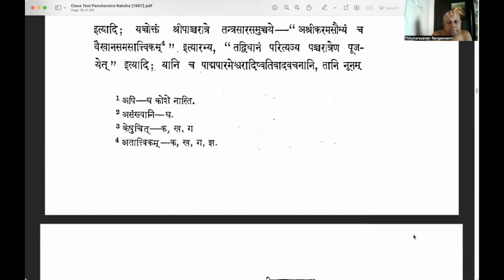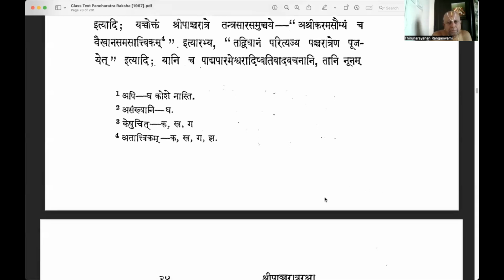That should be given up and Pancharatrena Pujayet. Lord Sriman Narayana must be worshipped with Pancharatra tradition. So that is the sentence complete. The first part of the sentence is Ashrikaram Asaumyancha. The last part is Tadvidhanam Parityajya Pancharatrena Puja.